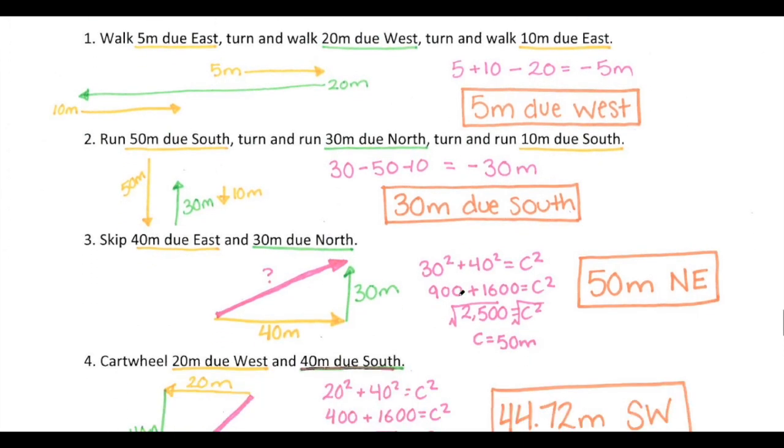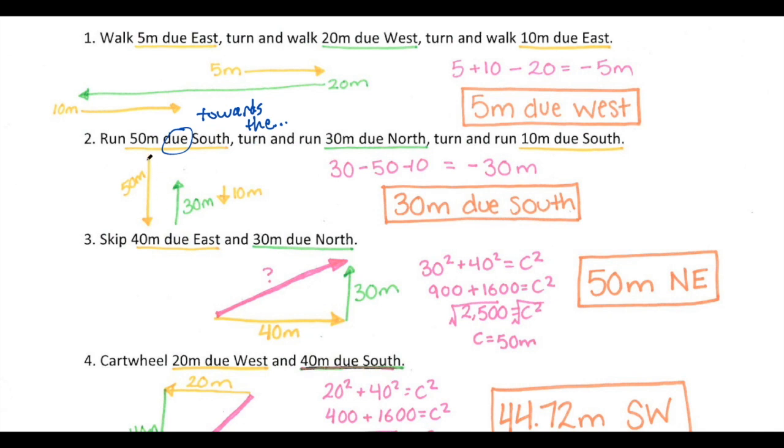All right, next one. If I run 50 meters due south, so I'm going down, turn, and I go 30 meters due north. So remember, due north and due south and due east, due west, it just means towards the. So due you could replace with towards the whatever direction. Okay? So then we turn and run another 10 meters due south.